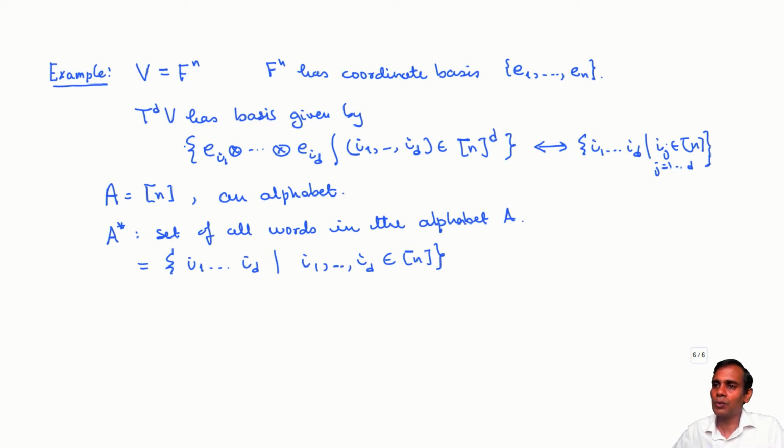You've seen these words in an alphabet before when you studied free groups. So before you constructed free groups, you constructed this object called the free monoid. Let me just recall for you what that is. Well, a monoid is basically a watered down version of a group.